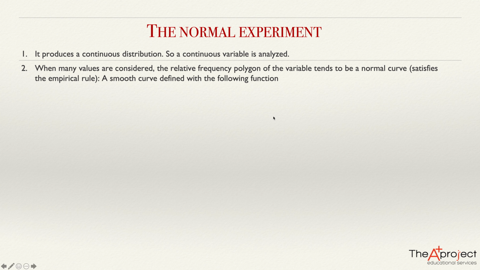So there is a mathematical way to write this, and the mathematical function that defines the normal experiment will be like this. f of x equals 1 over sigma times the square root of 2 pi. So if you see, this is maybe one of the functions that combine these two important constants in mathematics, pi and e, the base of the natural logarithm and the number pi.